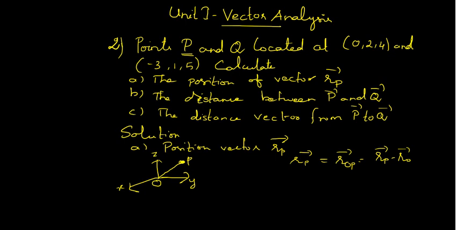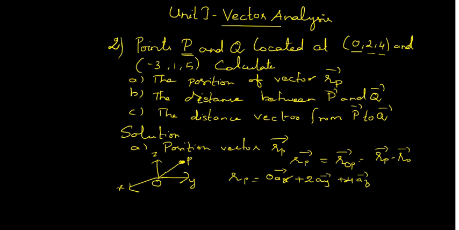So here you know the values. Rp is equal to, so you know the points there. So 0 Ax, so throughout this unit we are mentioning like this. So 0 Ax vector plus 2 Ay vector plus 4 Az vector.